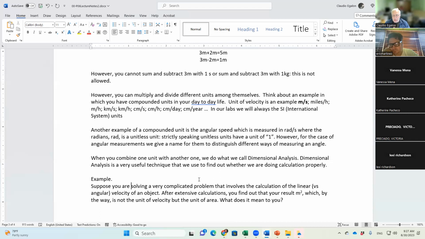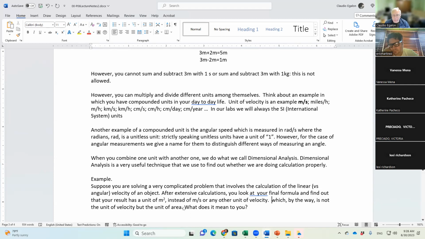Suppose you are doing the same thing for this type of problem. After extensive calculation, you look at your final formula and find out that your result has a unit of meter square instead of meters per second or any other unit of velocity.